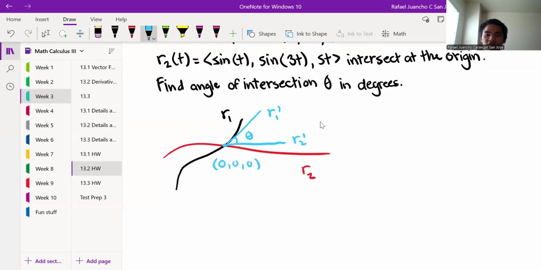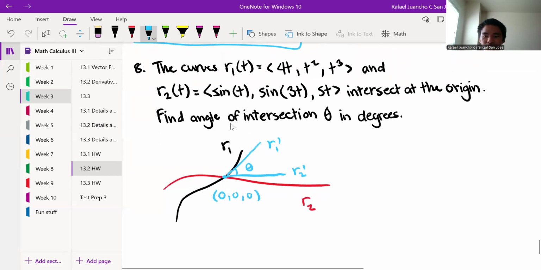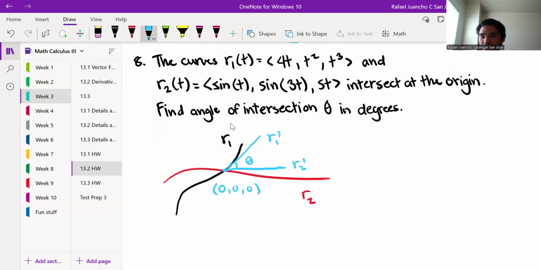These curves are not drawn to scale, by the way. But this is where they intersect at the origin. So I guess the hard part is finding the t that works. And then the next part is finding what exactly these vectors are, because these are vectors.